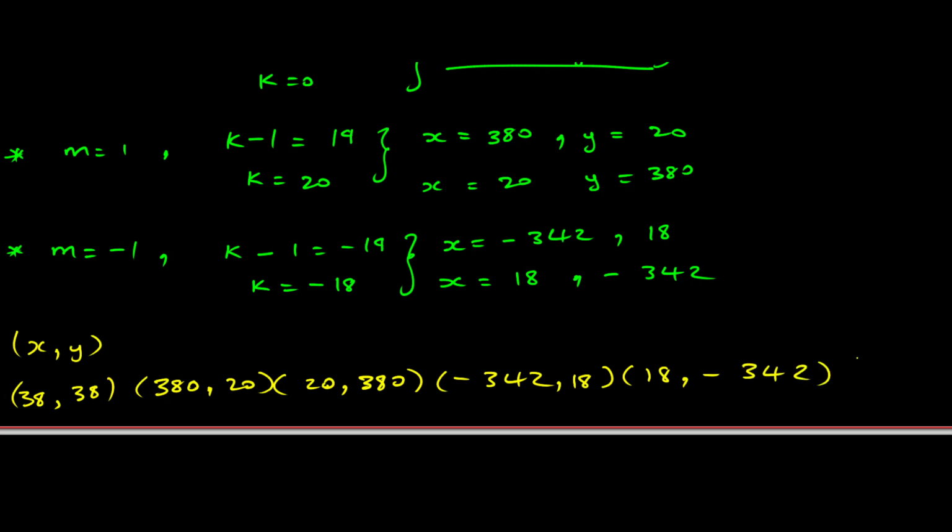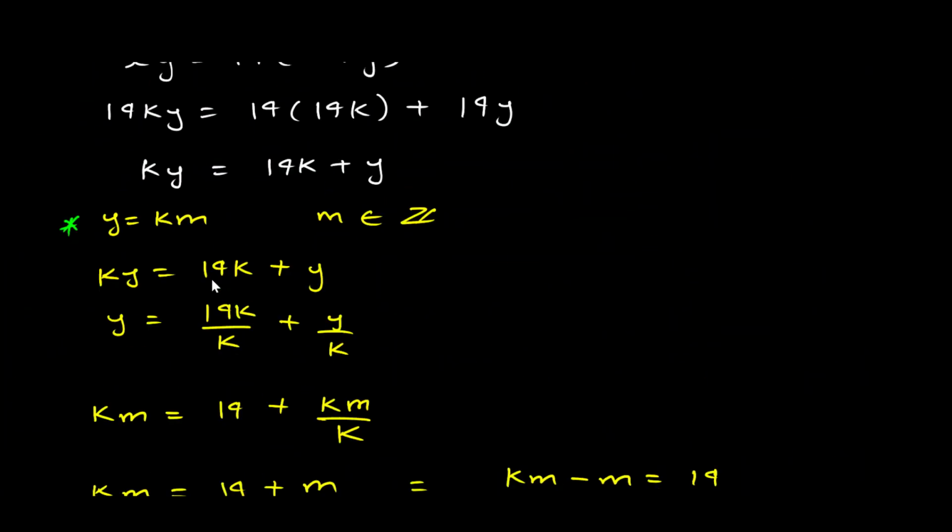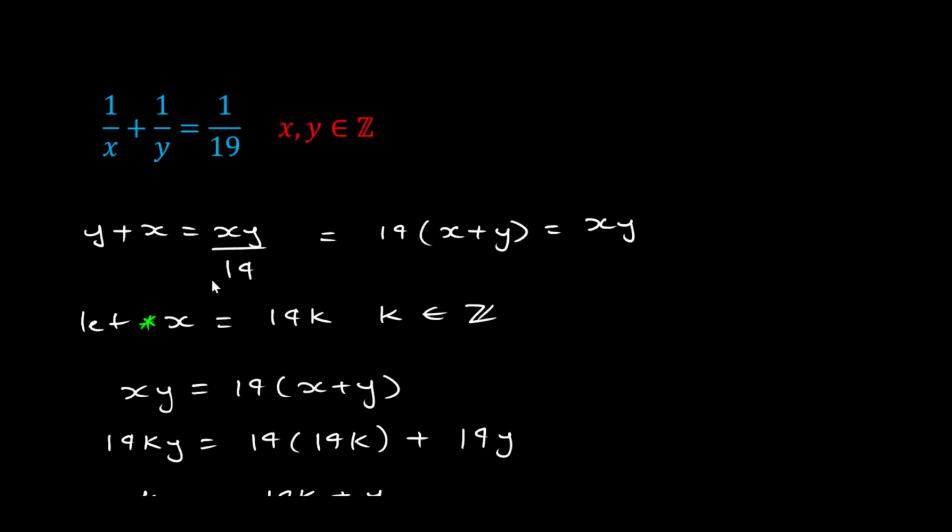And that would be the final answer to our question. We have 5 possible solutions to this equation, and you could try each of these solutions and you would end up with 1 over 19, no matter which solution set you use.